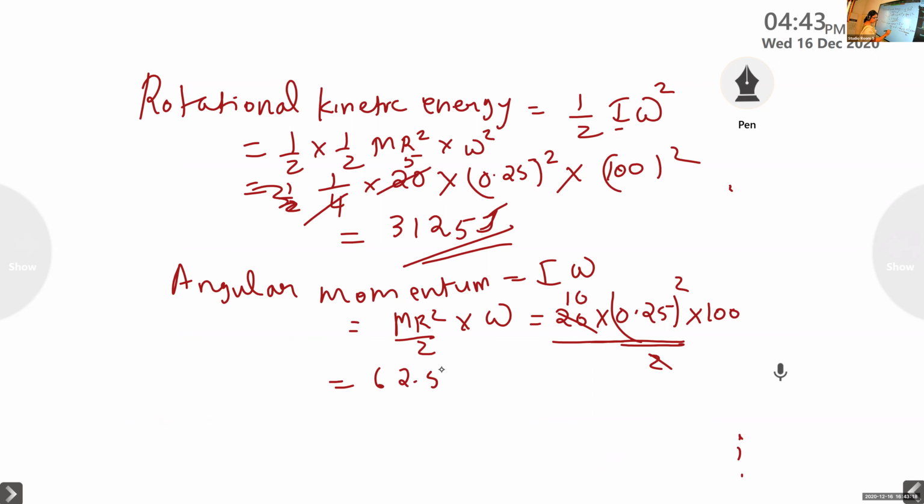So I am going to skip that. You will get the final answer of 62.5 angular momentum. The unit is joule second, while for torque equations you can use Newton meter.